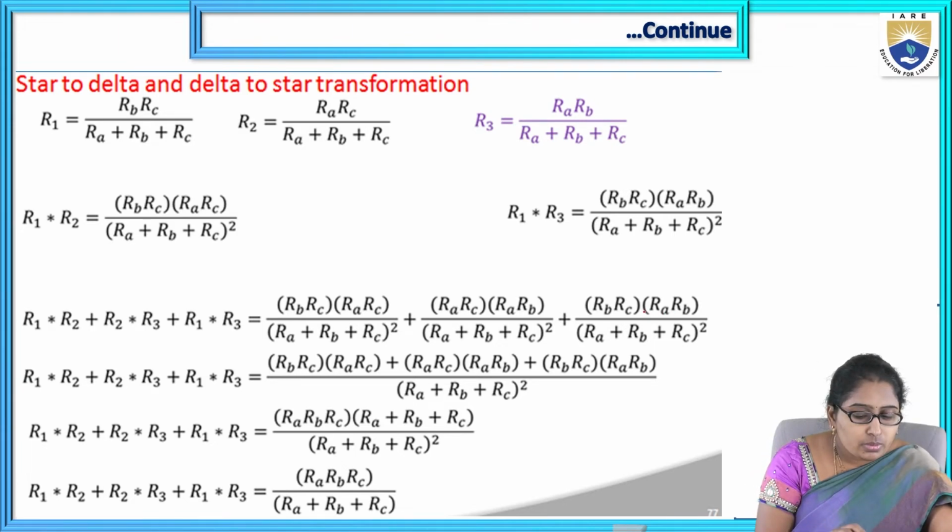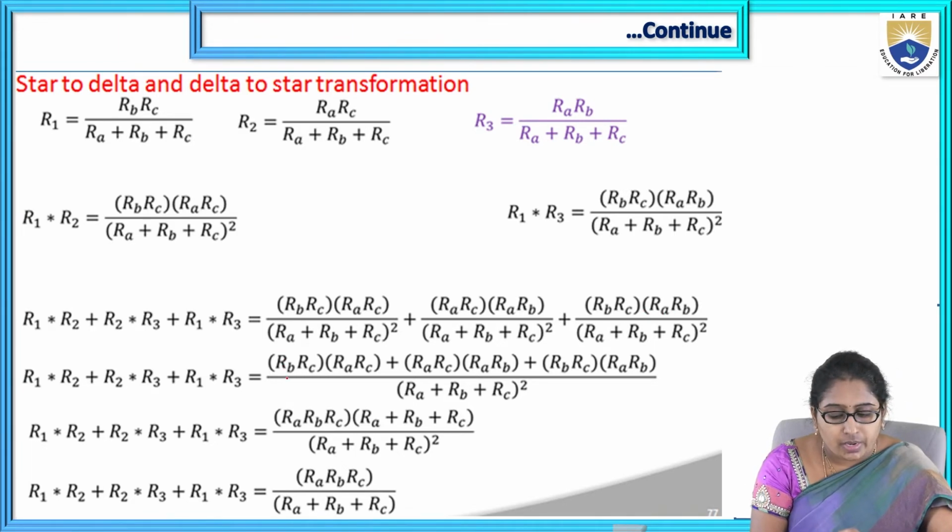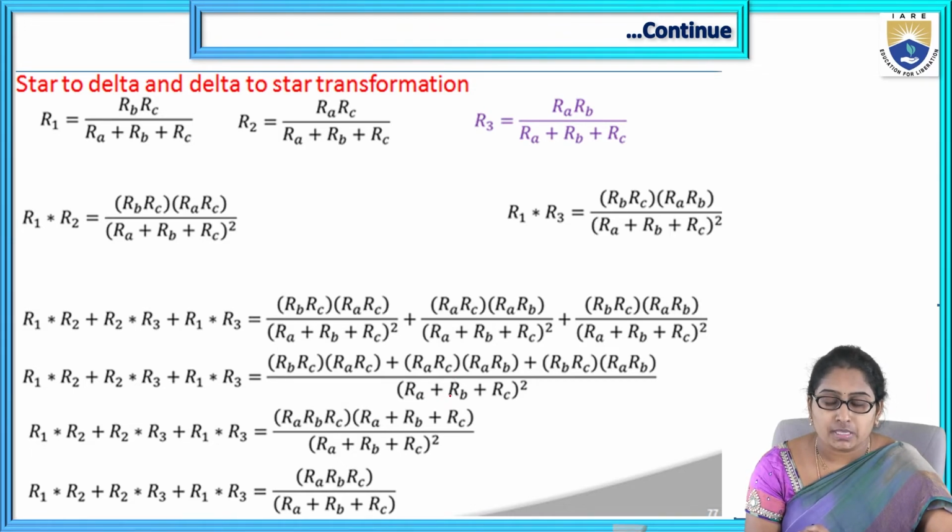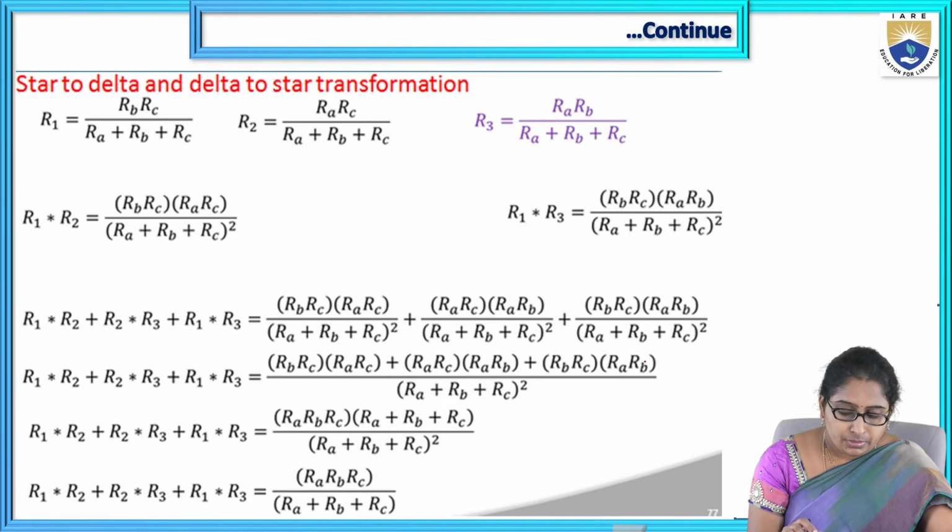Now let us simplify the right side expression. Take the LCM: in the denominator we have RA plus RB plus RC whole square as common. In the numerator we have RB RC into RA RC plus RA RC into RA RB plus RA RB into RB RC.